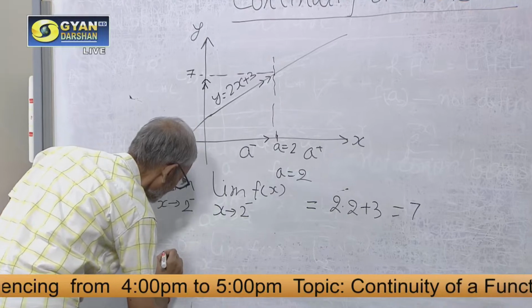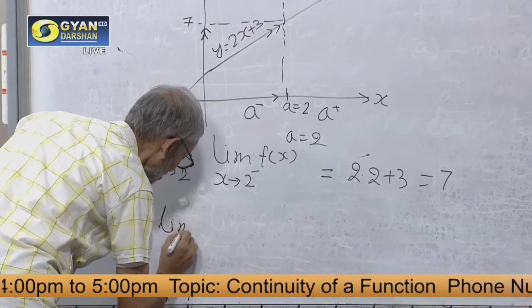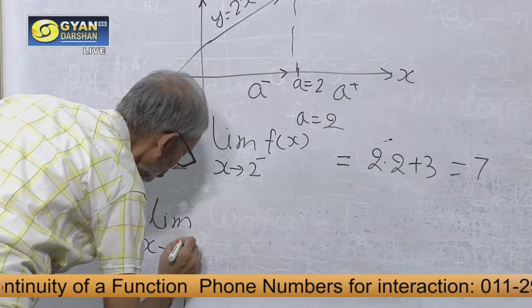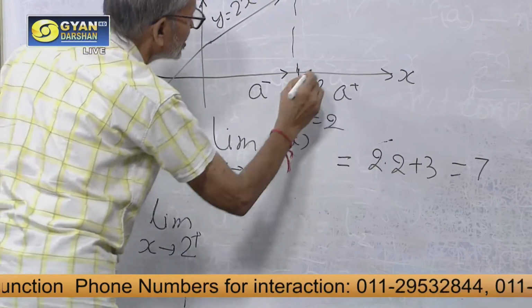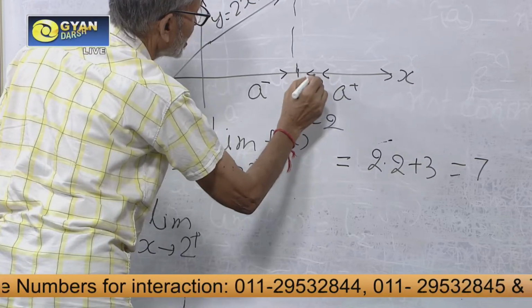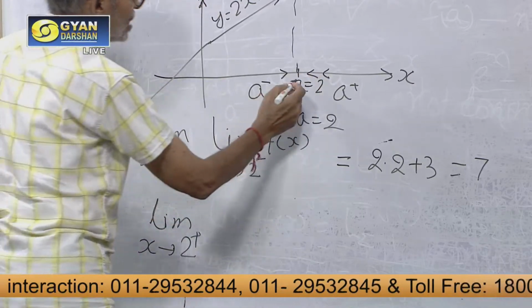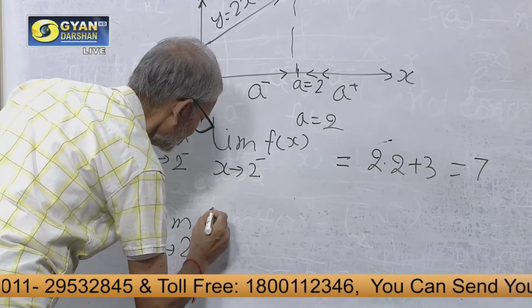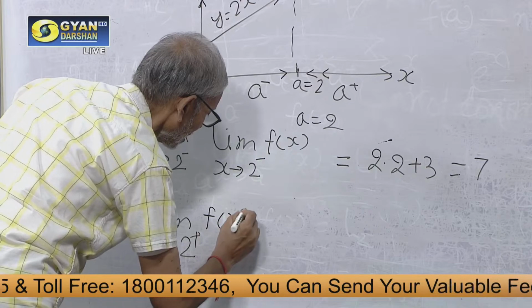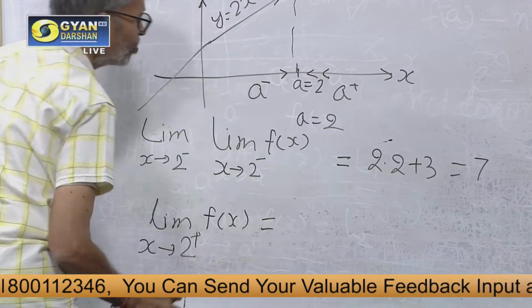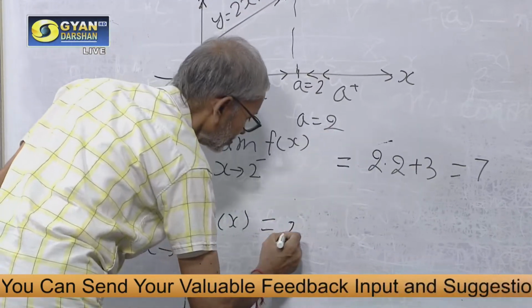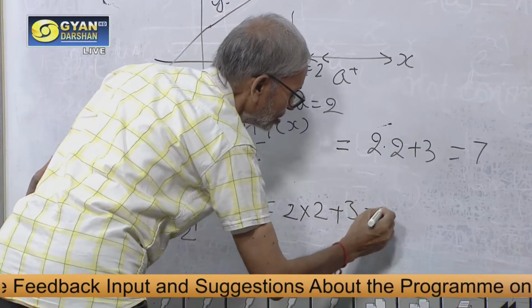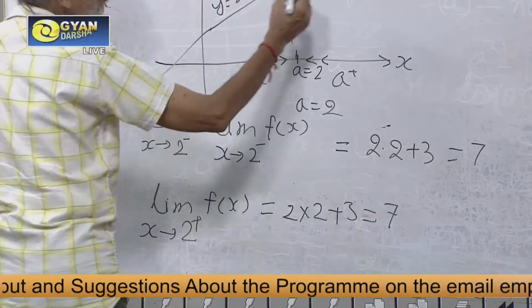Now, we have learned this in limit. If x tends to 2 plus, it means that x is approaching from this side, a is more than 2, then f x will again be 2 into 2 plus 3 is equal to 7.